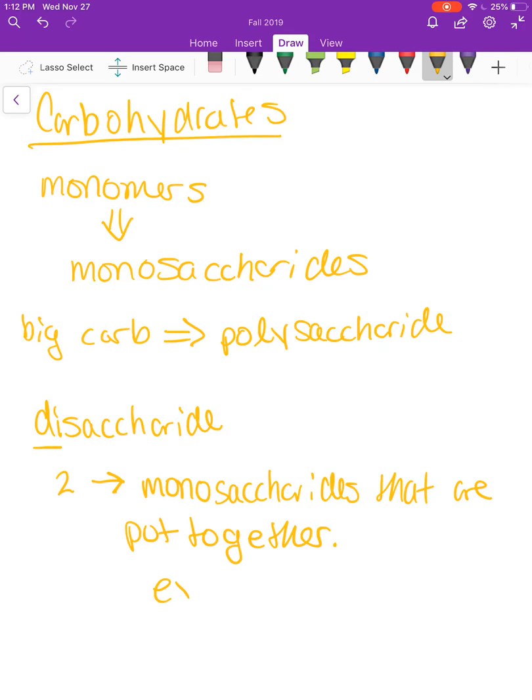An example of this is lactose. An example of a monosaccharide would be glucose. And there are many, many examples of polysaccharides, but one that comes to mind is glycogen.